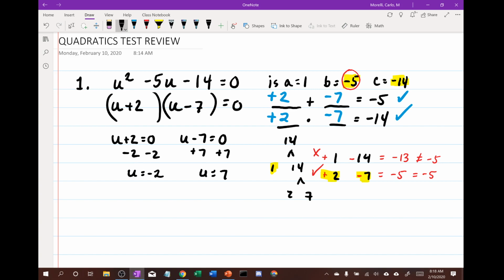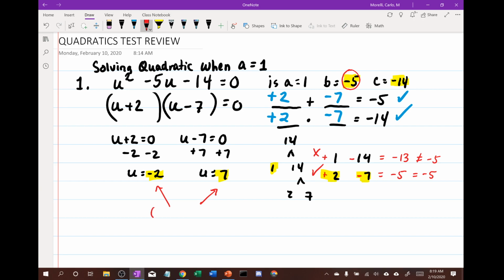This is an example of solving a quadratic when a equals 1. So these are the very simplest of cases. Please remember, ladies and gentlemen, that these two numbers represent the x-intercepts of the graph.